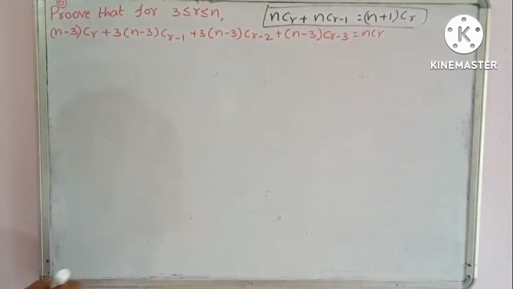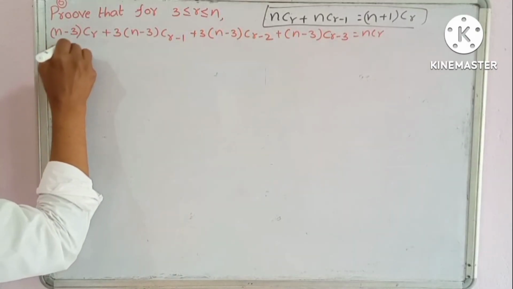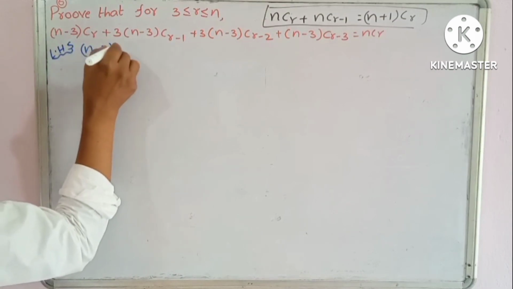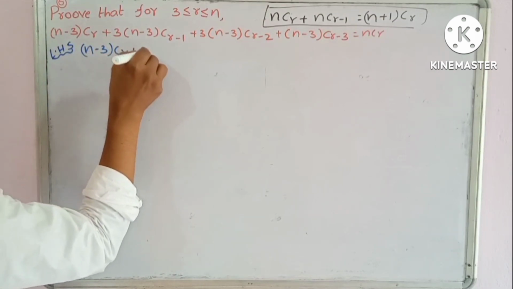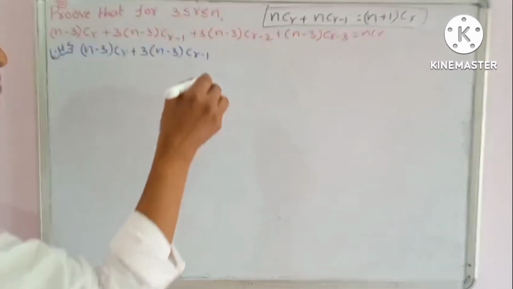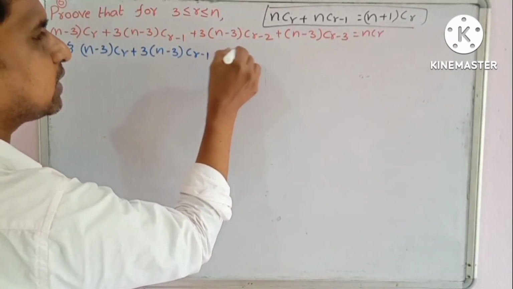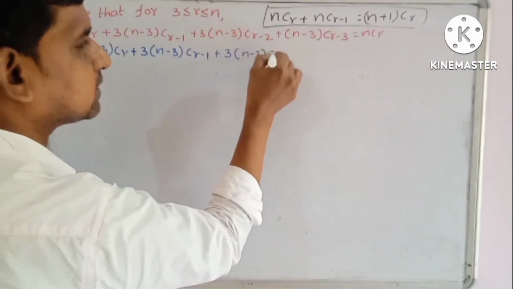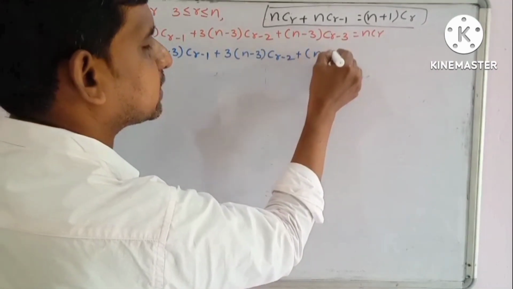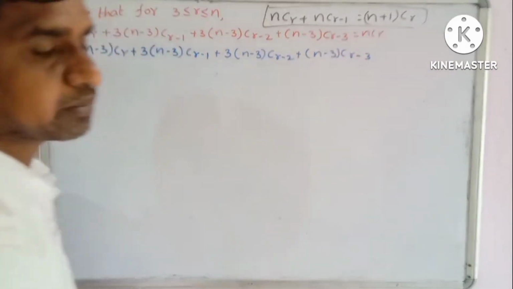Okay. Now see the LHS part. LHS: (n minus 3)Cr plus 3 into (n minus 3)C(r minus 1) plus 3 into (n minus 3)C(r minus 2) plus (n minus 3)C(r minus 3).